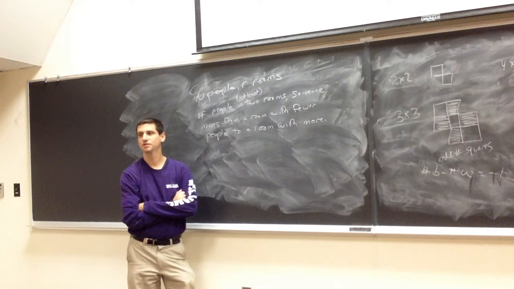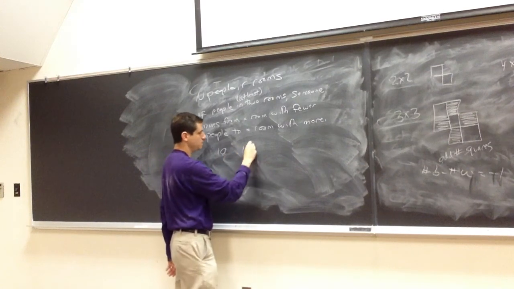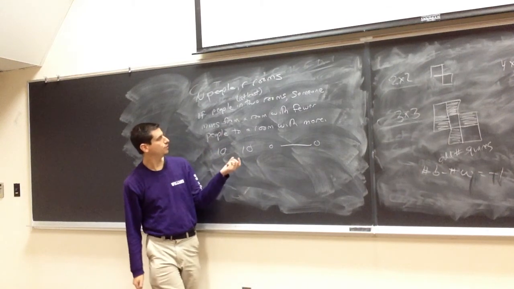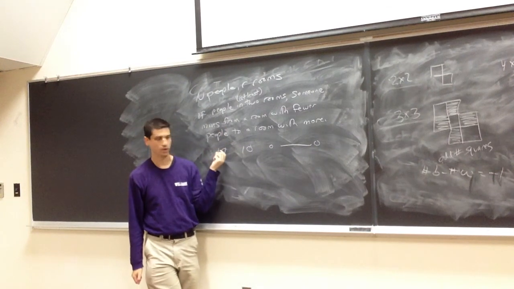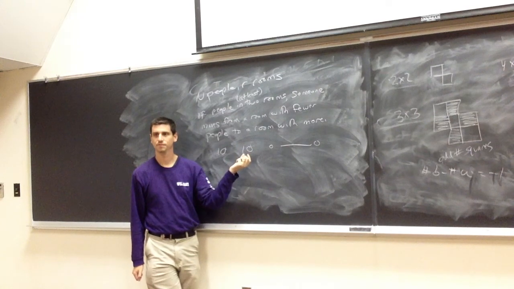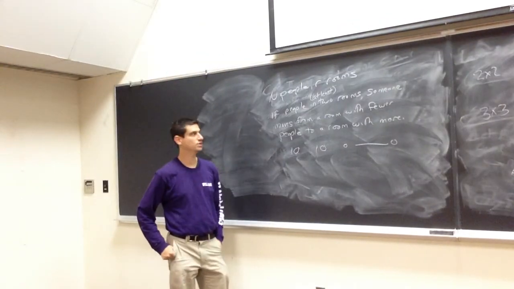Maybe if the two rooms have an equal amount of people. Yeah, what if we have 10 people, and then every other room has 0? You move from a room with fewer people to a room with more. There is no room with more people. So if this is the phrasing you use, you could be stuck in a situation like this.